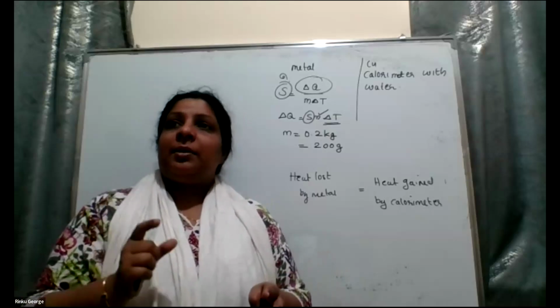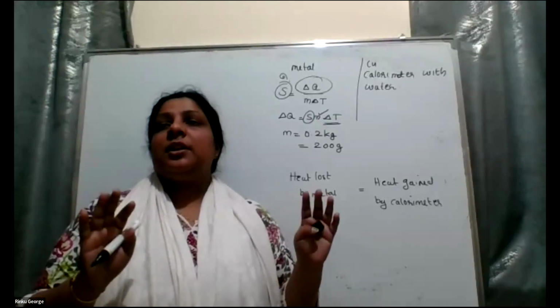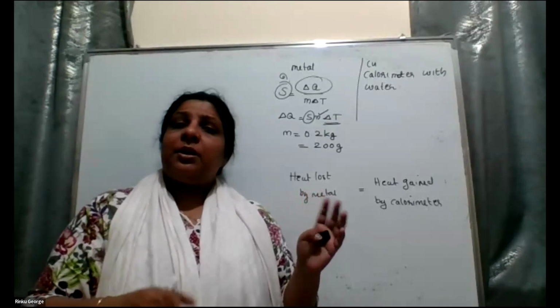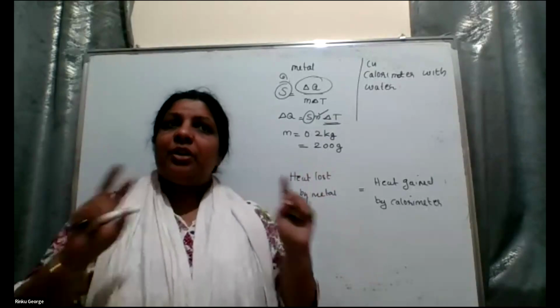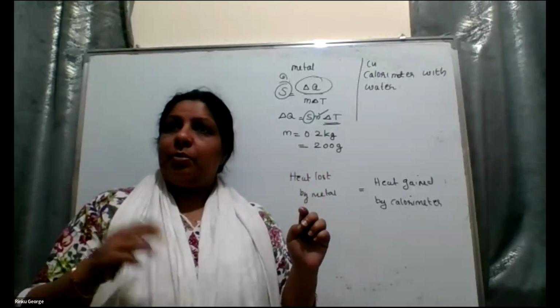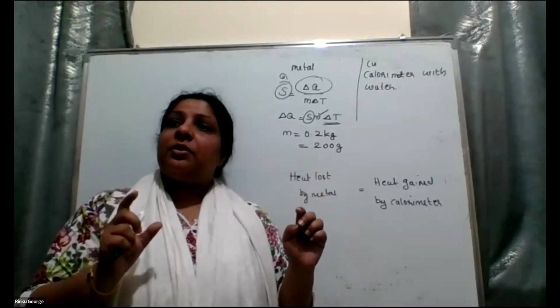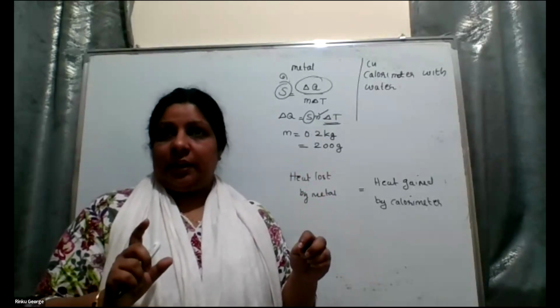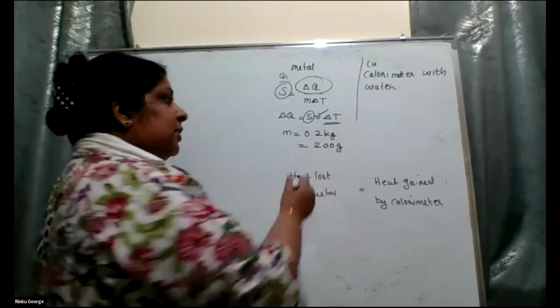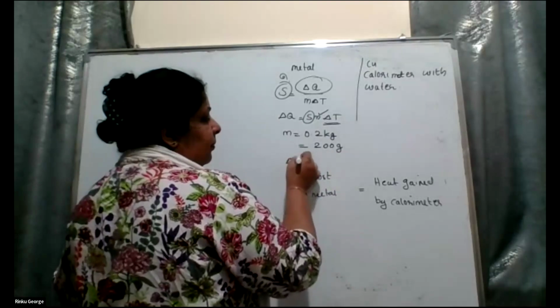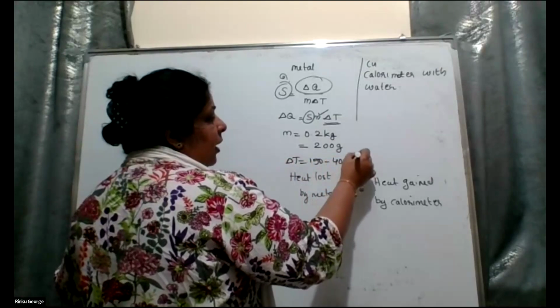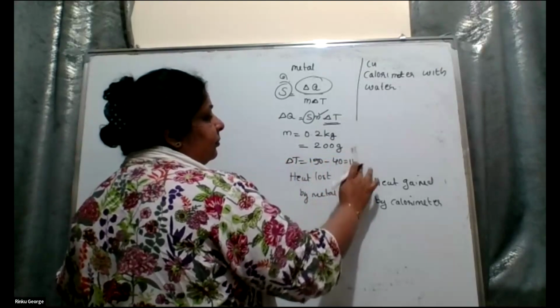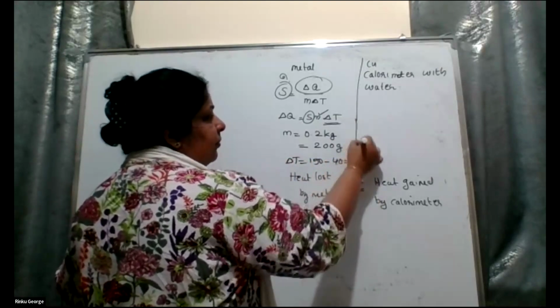And when you calculate temperature change, no need to consider negative. It's not final minus initial or initial minus final. It's the difference in temperature. You will take the magnitude only. Okay, so for the metal, the change in temperature will be 150 minus 40, 110 degrees Celsius.